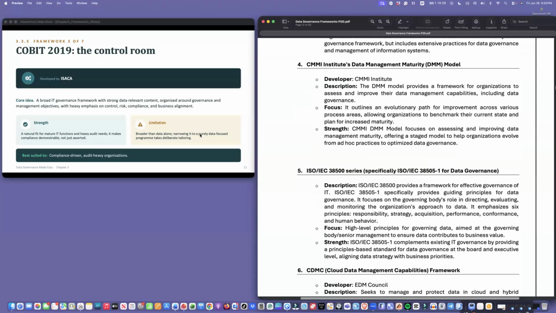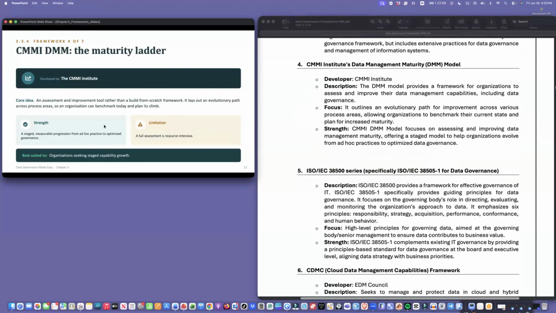So the CMMI Institute developed the DMM, the data management maturity model, that provides a framework for organizations to assess and improve their data management capabilities. So it's much more about trying to assess the organization and improve it.